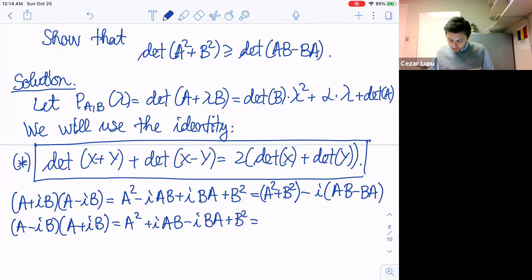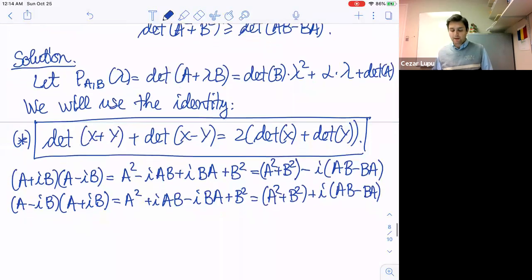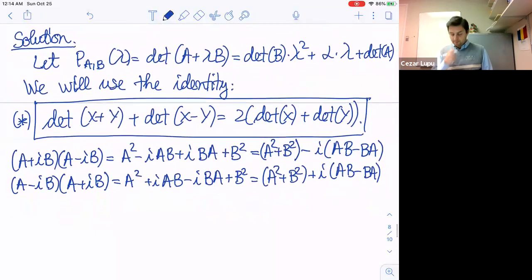And this guy will be nothing else than just a squared plus b squared minus plus i times AB minus BA. Okay, right? So we have this here. All right, that's beautiful. Now, we would like to apply the above identity.